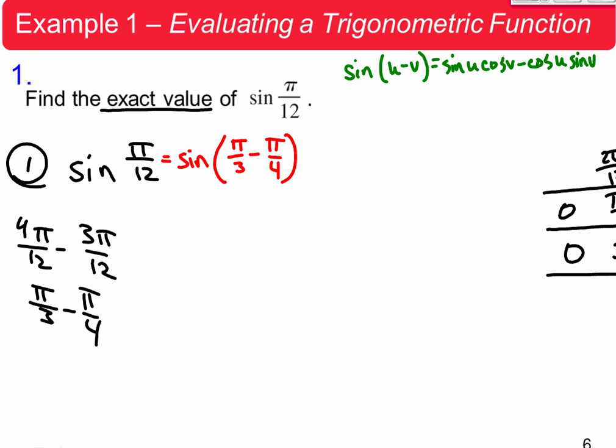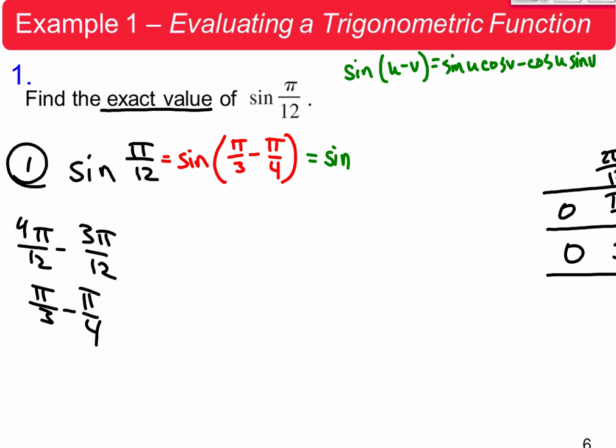And so there's our formula or format. It's actually going to be the sine of pi over 3 times the cosine of pi over 4, and somehow people miss cosine and sine sometimes, and start going like pi over 3 times pi over 4, but that's not what it is. So just be careful of that.